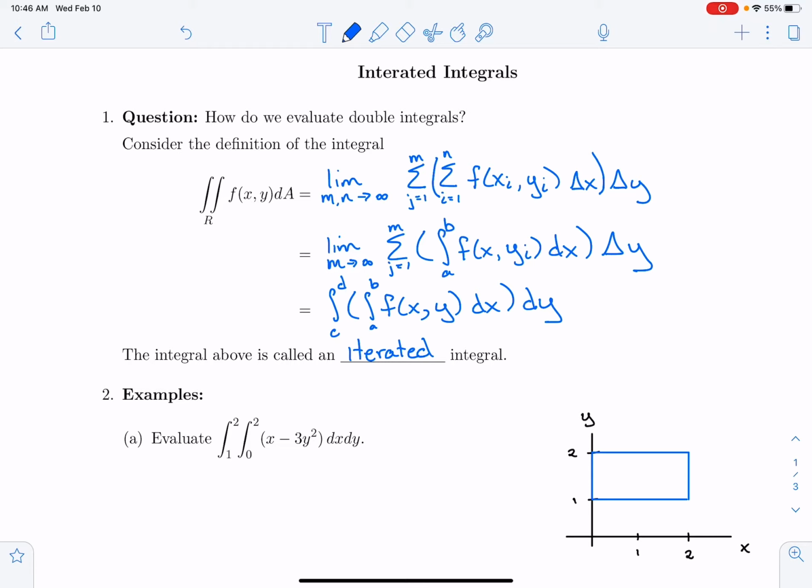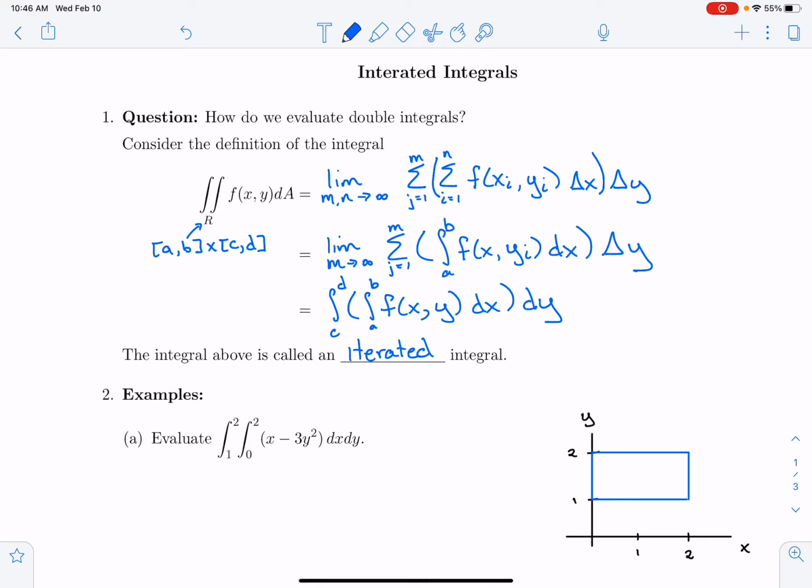Now, I've made some assumptions here that R is not just a general region, but a rectangle. So it's the rectangle a to b in the x direction, and then c to d in the y direction.